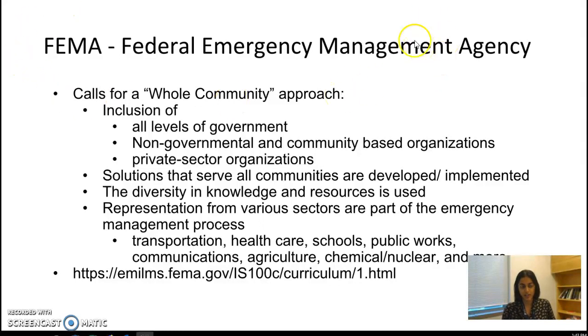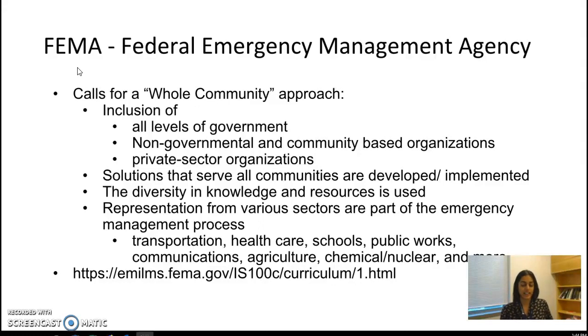Now we'll talk a little bit about the Federal Emergency Management Agency, which is a United States national level agency that coordinates the response in emergencies in the United States. Basically, for larger level emergencies, they use the incident command system as well, the one that you saw in the Salvation Army video.